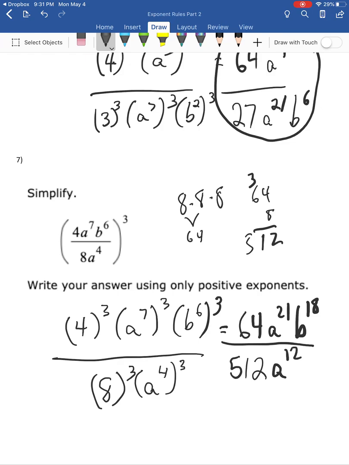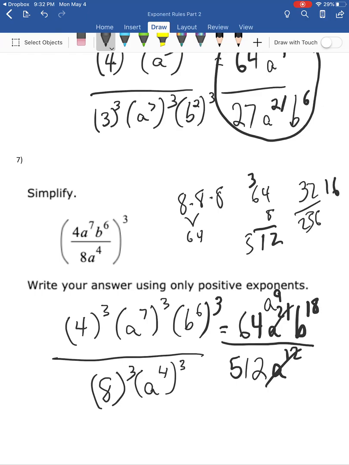Okay, guess what, we can clean this up. So we have an a to the 21st on top, a to the 12th on bottom, in a fraction, so we're dividing. A to the 21st divided by a to the 12th is a to the 9th. Okay, 64 and 512, what can we do with that? Well, we can divide each of them by 2's, 32 over 256.